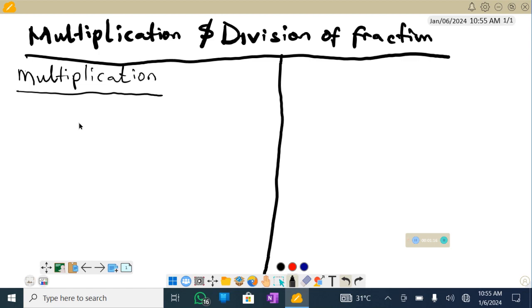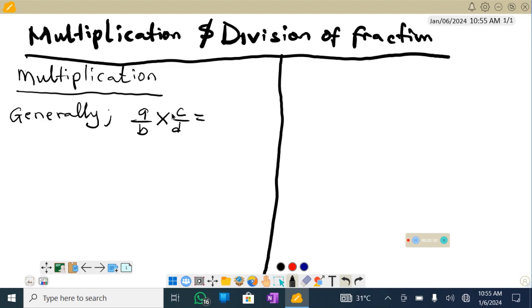So multiplication of fractions is one of the easiest operations in fractions, because generally we have it as a over b multiplied by c over d.